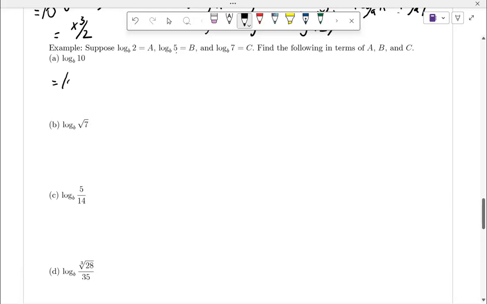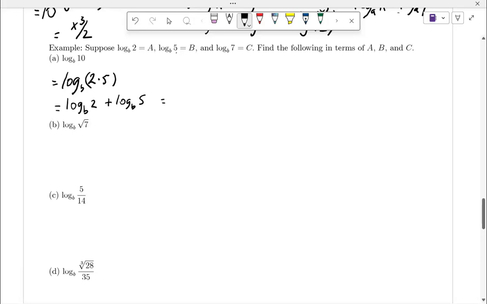So I can write this as log base b of 2 times 5. Since I have a multiplication on the inside, how can you rewrite that? Yeah, it's addition. Good. Log base b of 2 plus log base b of 5.